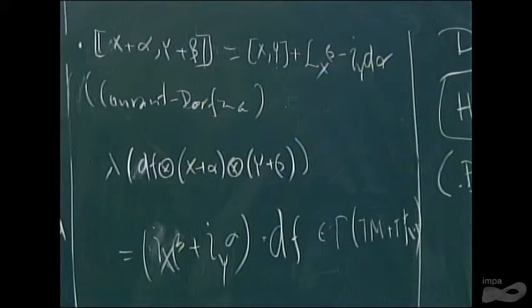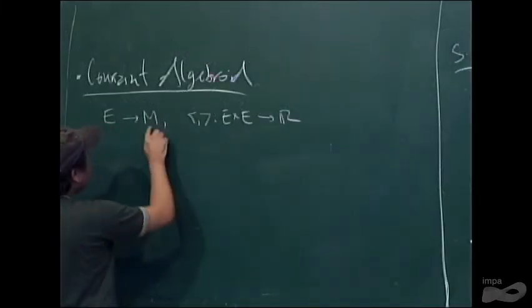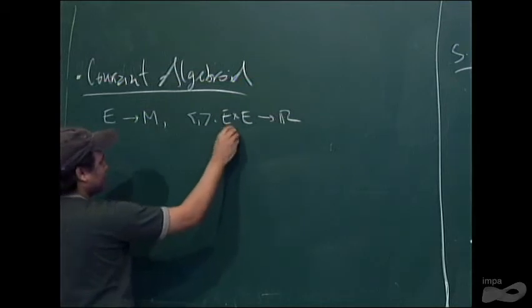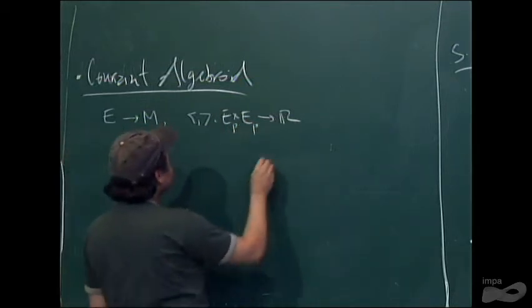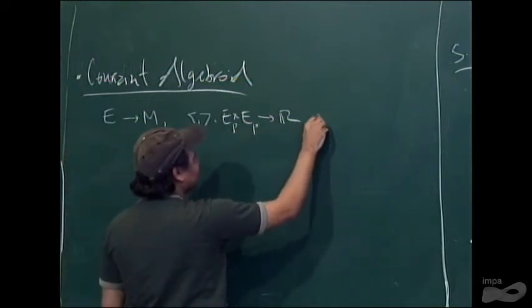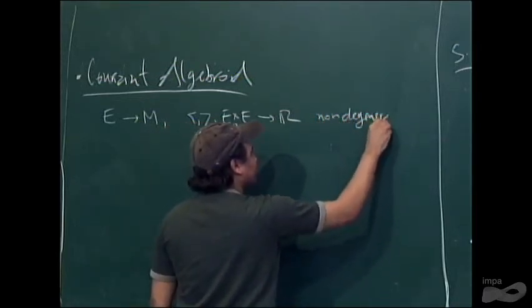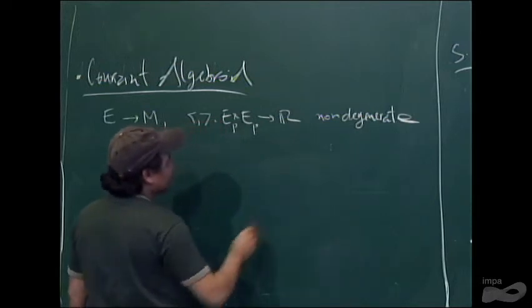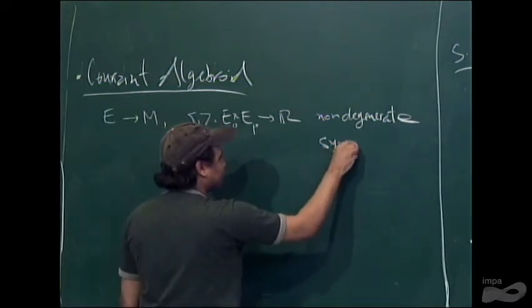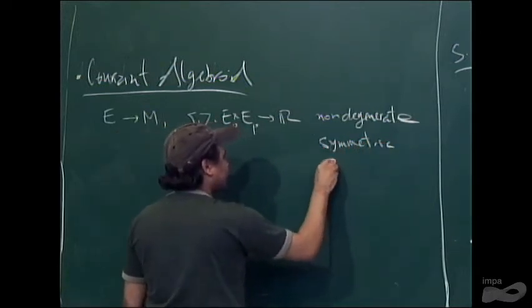You start with a vector bundle over M, and you assume in each fiber you have a non-degenerate symmetric pairing.